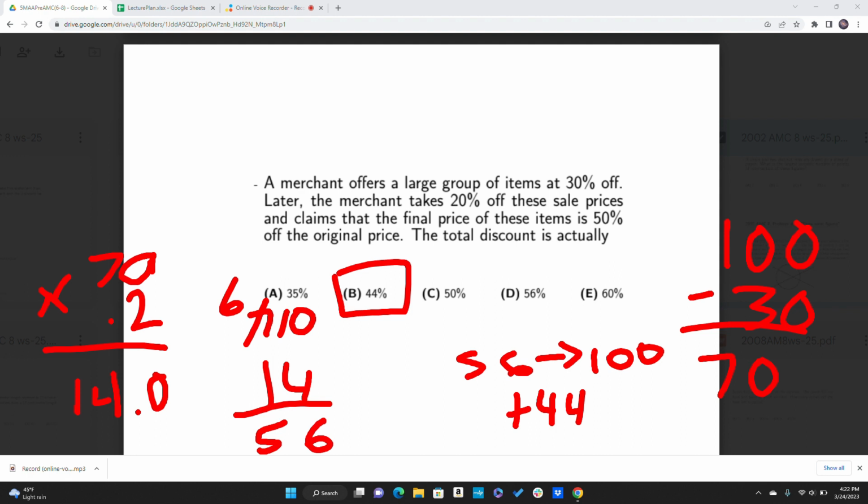No matter what we set our original price to, it's still going to work. I just chose 100 because that makes it easier to do the solving. So we found the new price is $56, and that takes $44 off of the $100 that we started with. So it's a $44 discount.